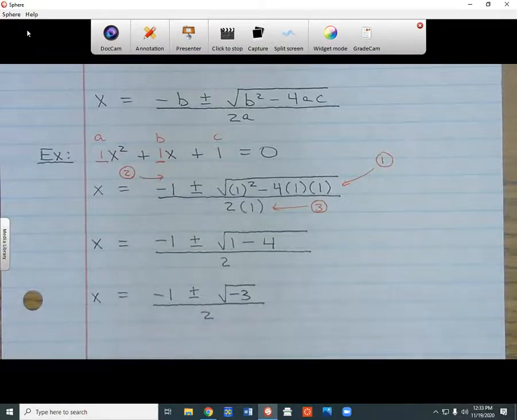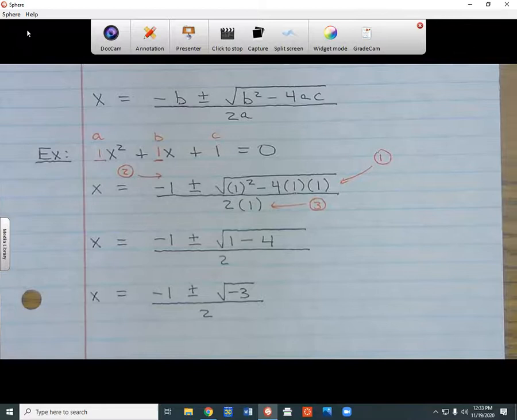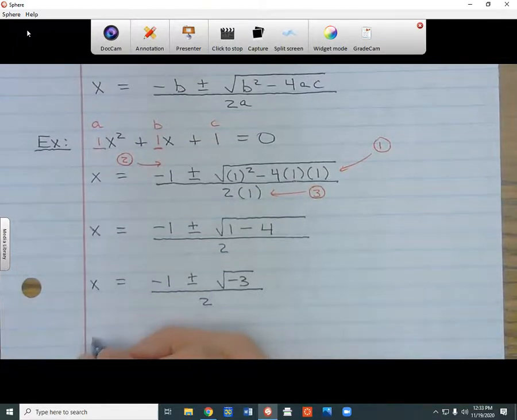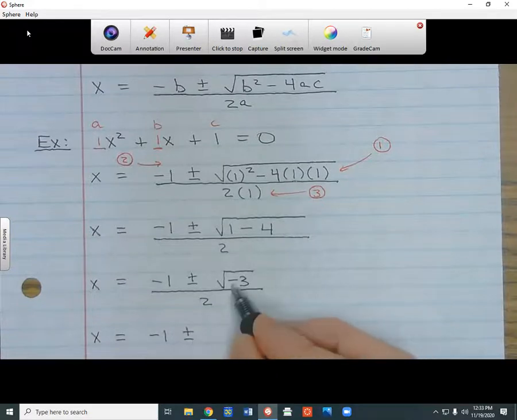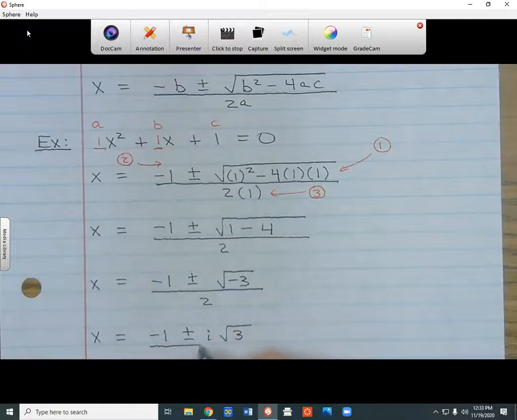So, if I have a negative number under the radical, remember that I can always bring the negative sign out as the imaginary number i. When I'm doing this, if I ever have a negative number under the radical, I can bring the negative out as an i. But the positive 3 has to stay under the radical. It can't come out. And everything is still divided by 2.